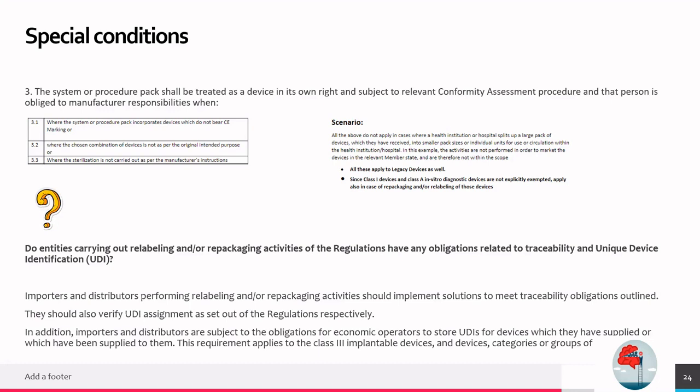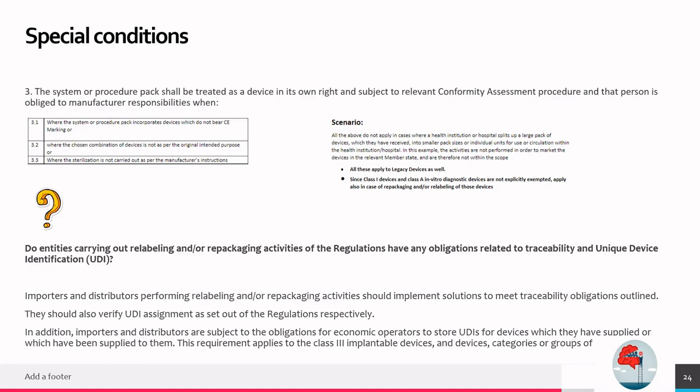That is the question. Yes, the answer is yes. They have to show the notified body a separate QMS. They have to comply with a whole new set of manufacturer obligations of Article 10 because they have changed the method of sterilization. Okay, so that is the thing.